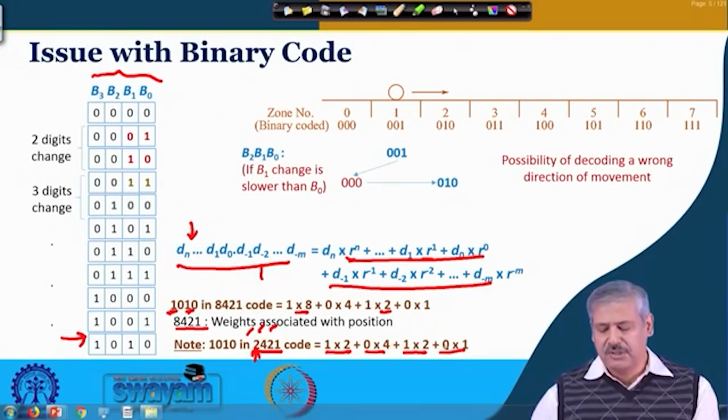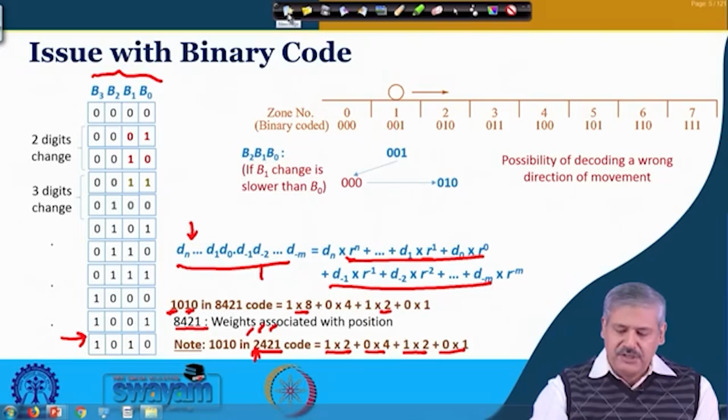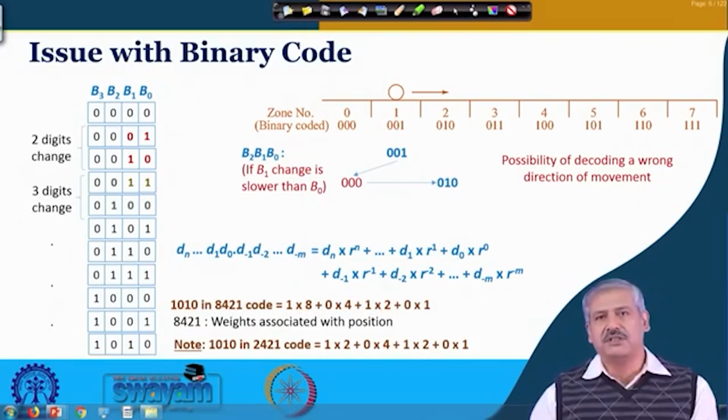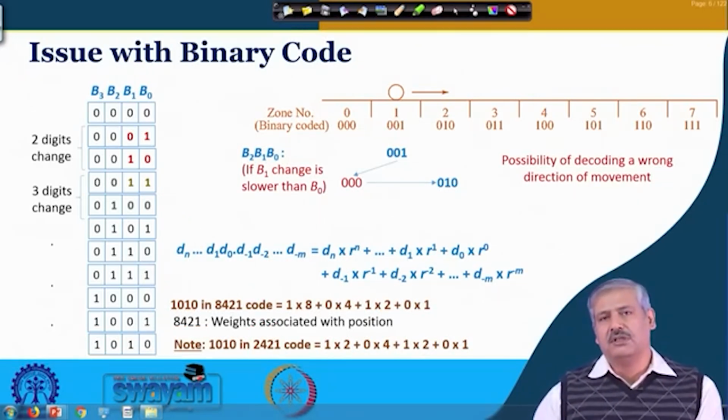So, 2 plus 2, the corresponding decimal equivalent will be 4 for the 2421 code in the 1010 representation. This part we understand regarding weighted code. Now, what could be the issue with weighted code for which we might need to look into a different form of unweighted code?